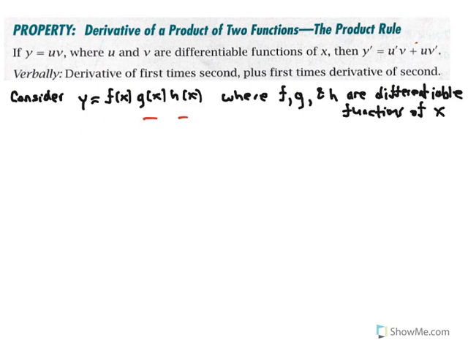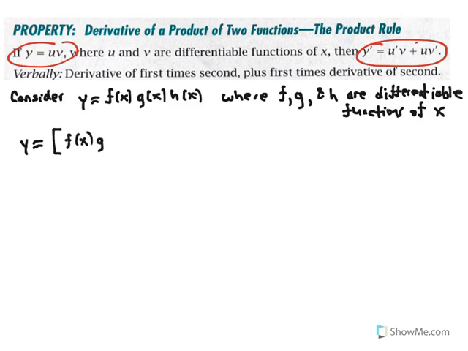Here's how we can connect what we know, which is the product rule for finding the derivative of a product of two differentiable functions, to get what we need to be able to find the derivative of a product of three differentiable functions. You're going to use the associative property of multiplication to rewrite y as, in brackets, f of x times g of x, and then multiply that by h of x.